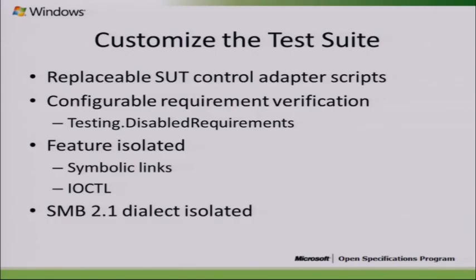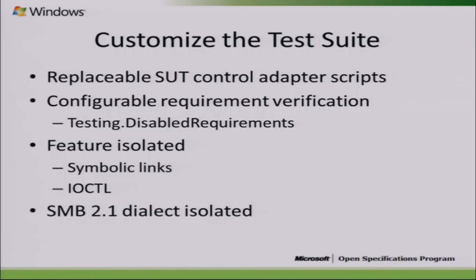You can just disable that requirement by filling in its requirement ID in our PTF config file. Here, this is the property entry. You can disable requirements, and in the demo section, we'll demo how to disable a requirement.